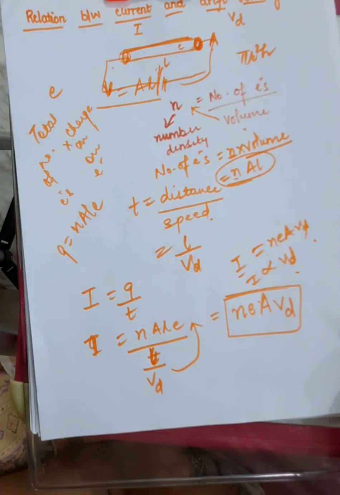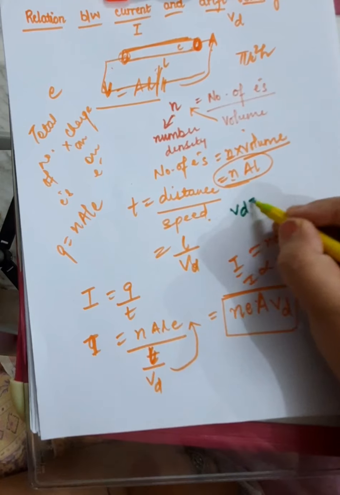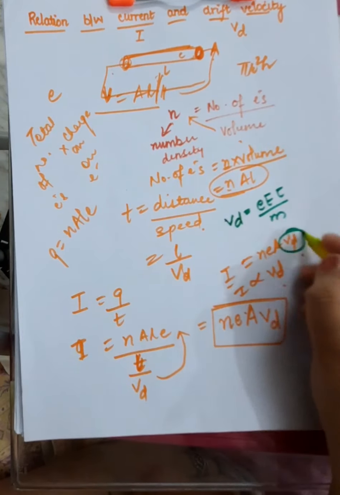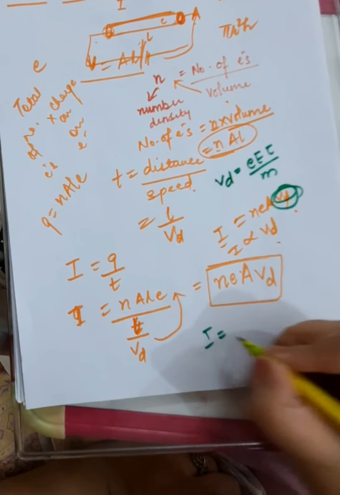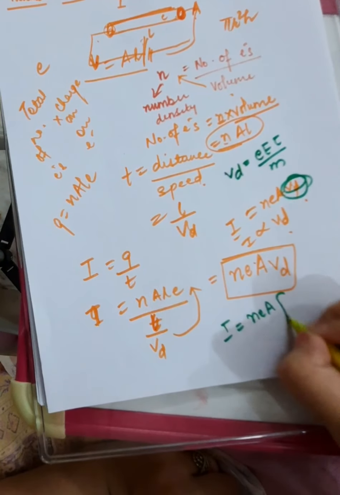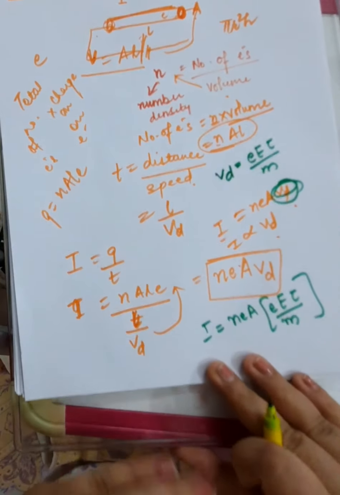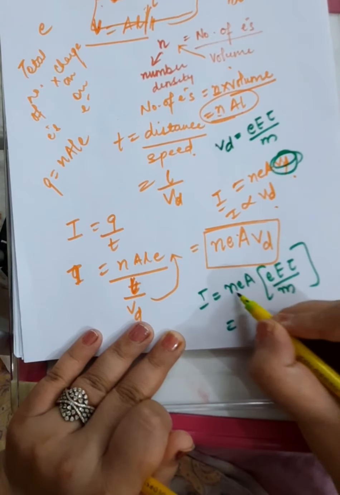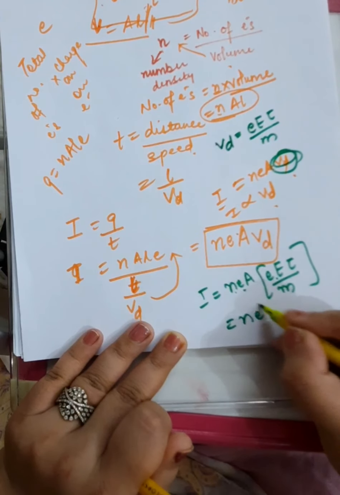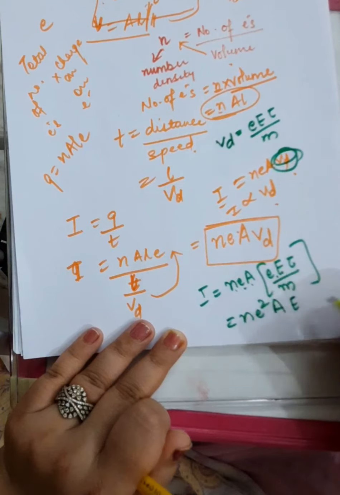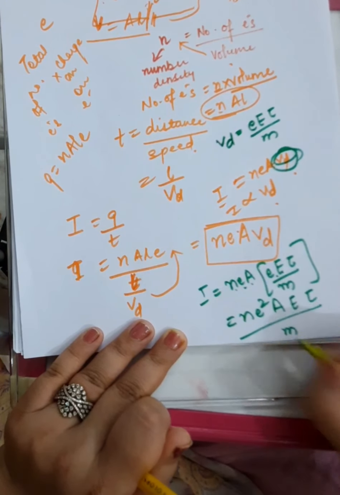Now one last thing, you know that Vd is equal to E tau by m. If you put that value over here, I is equal to nAe times eE tau by m. So it will be n as it is, e into e square, A as it is, capital E as it is, tau as it is, divided by m.